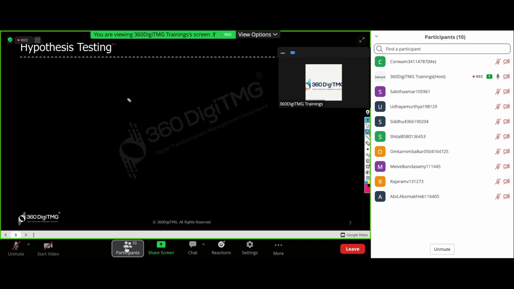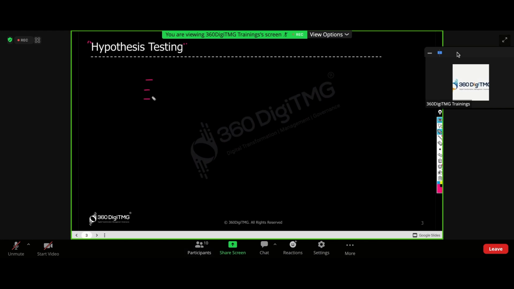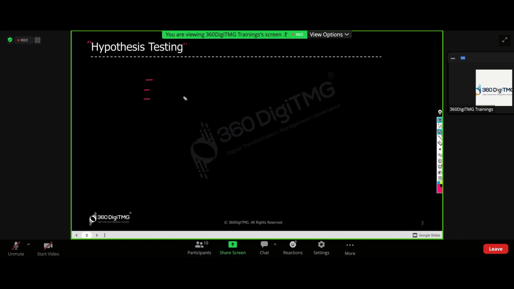There are various steps involved. Basically, the overview of hypothesis testing is to take business-related decisions. To take business decisions, we apply hypothesis testing.